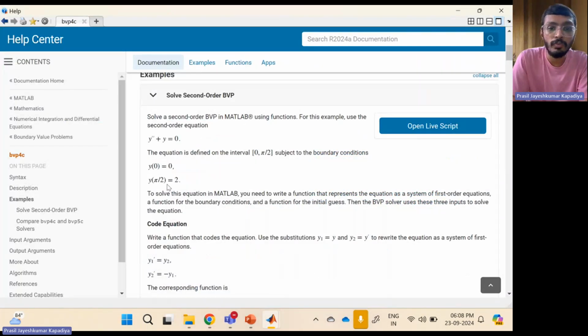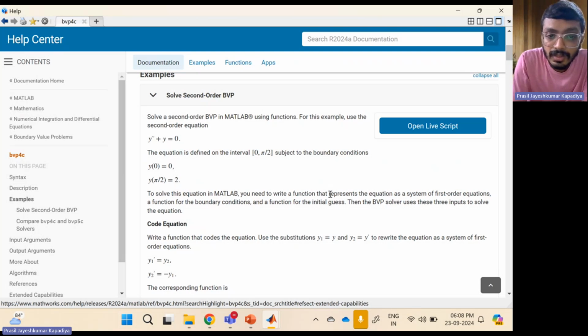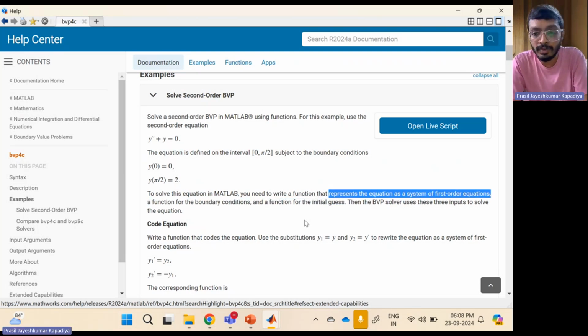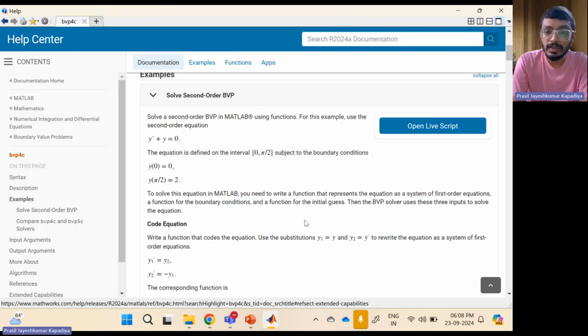So what are we going to do? We will be using only two variables, representing our equation as a system of first order equations. How do we convert it into first order equations? We first assume that y is stored in y1, and y prime is stored in y2.